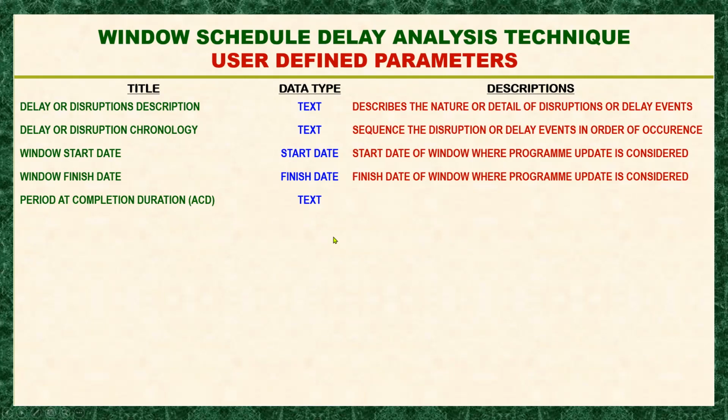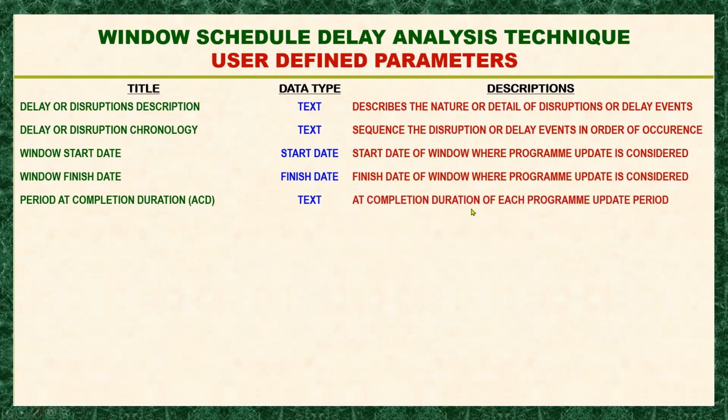Later on, you will realize why I put it here as text, because we want to be specific on every period, and we don't want to see the total of the at completion period for the whole project. Okay, next.